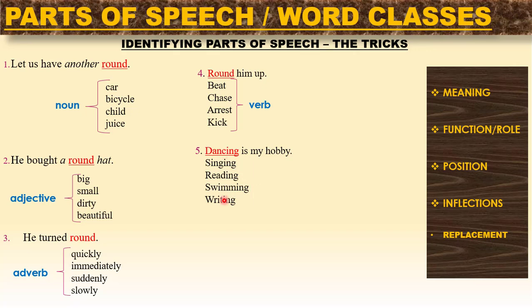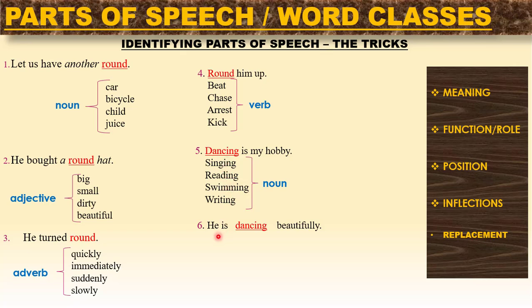So any word that names something, whether a person, an animal, a place, an activity, an event, or whatever, is called a noun. Therefore, in this sentence, dancing is functioning as a noun. It's called gerunds. They end in ing, but they name activities. They don't represent actions.